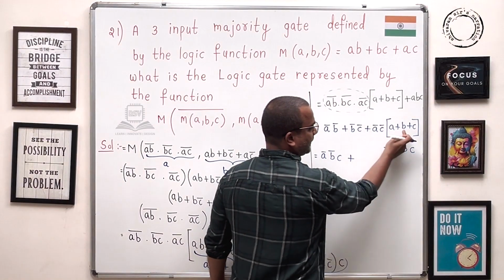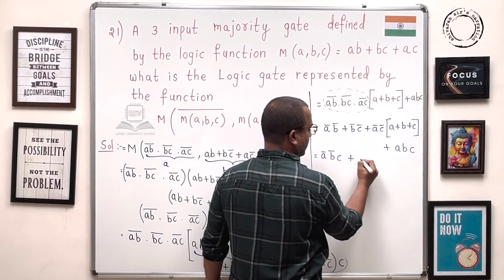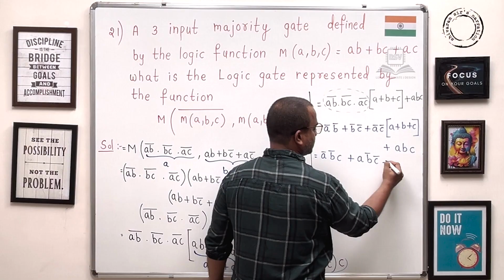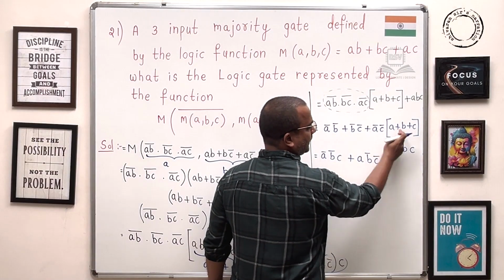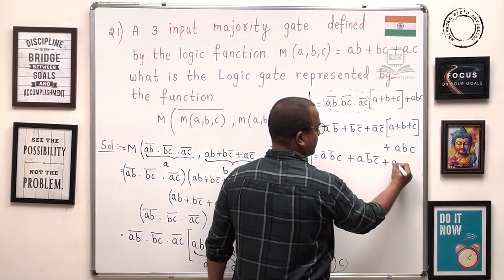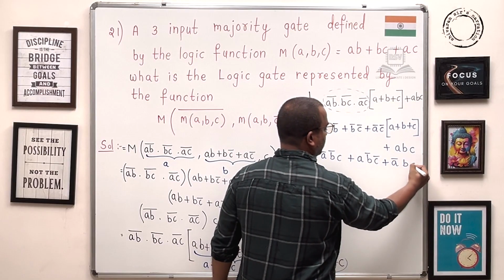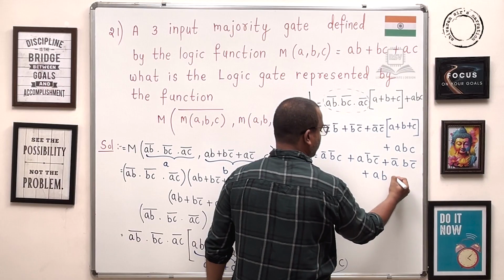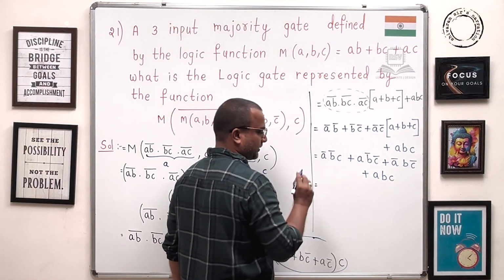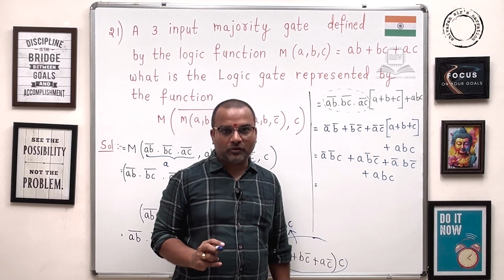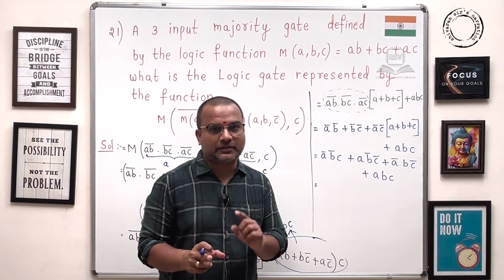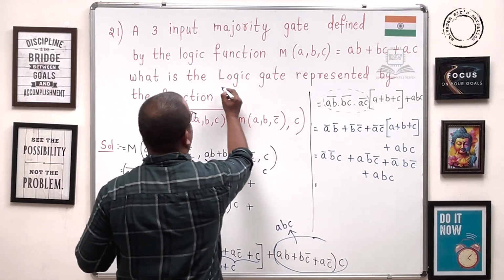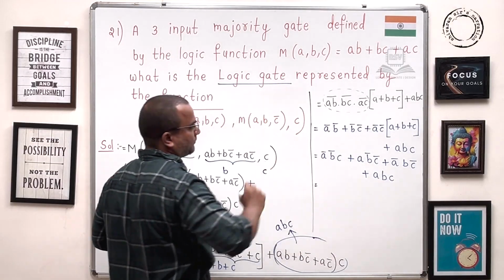Here BC are there, BC gets cancelled, so that you get A B bar C bar. Similarly this one, AC terms are there, then it is A bar B C bar plus ABC. Finally this is the term, and we want to know about the logic gate. What is the logic gate? They are not asking you the Boolean function, they are asking you what the logic gate is.